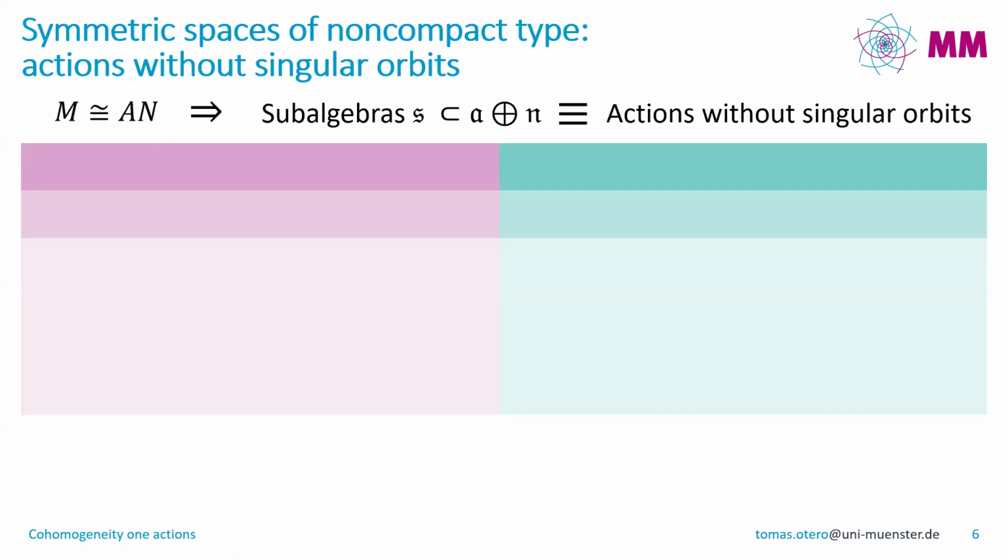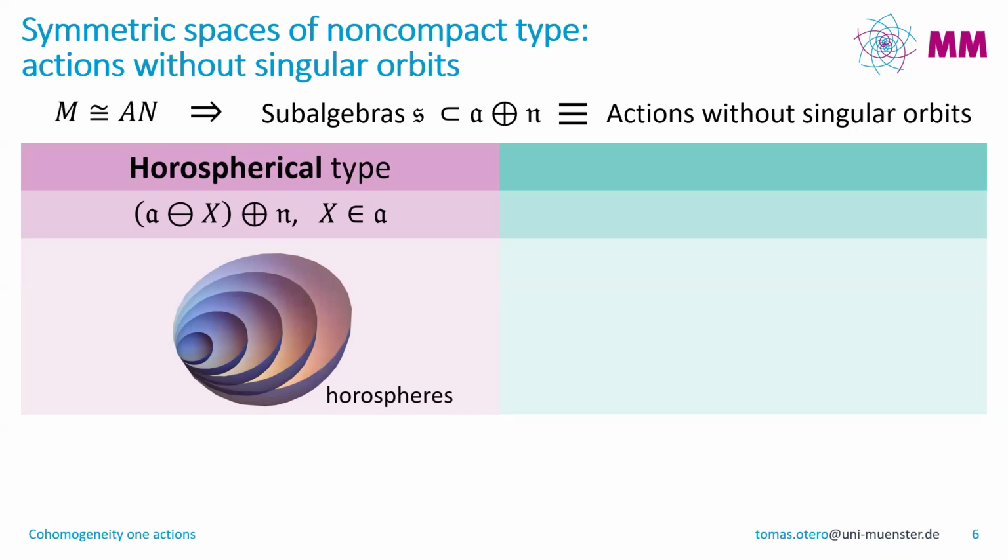In particular, if these subalgebras are codimension-one, the corresponding actions are of homogeneity-one. So is there any nice way, using the properties of root spaces, to construct codimension-one subalgebras of a plus n? The answer is yes.